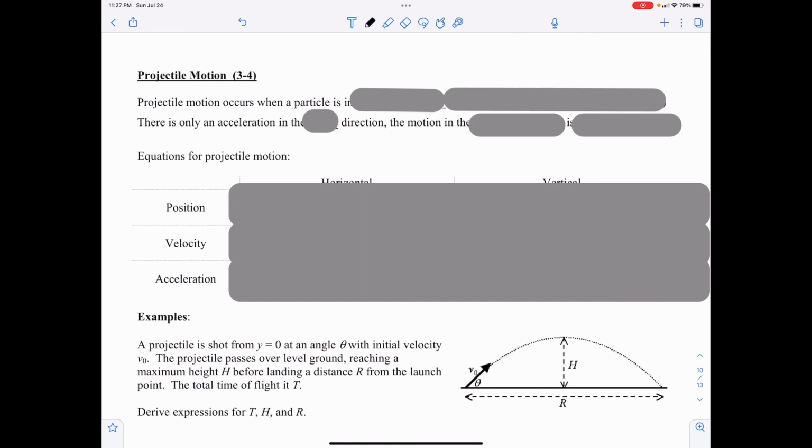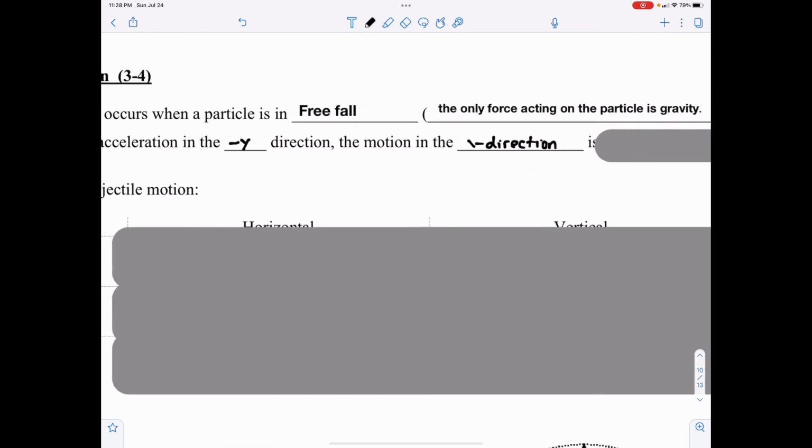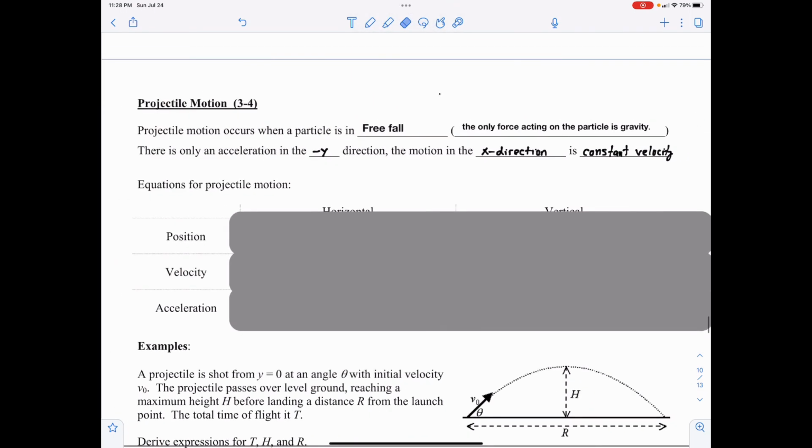Projectile motion, section 3.4. Projectile motion occurs when a particle is in free fall. The only force acting on it is gravity. There's only acceleration in the negative y direction, and the motion in the x direction is constant velocity.